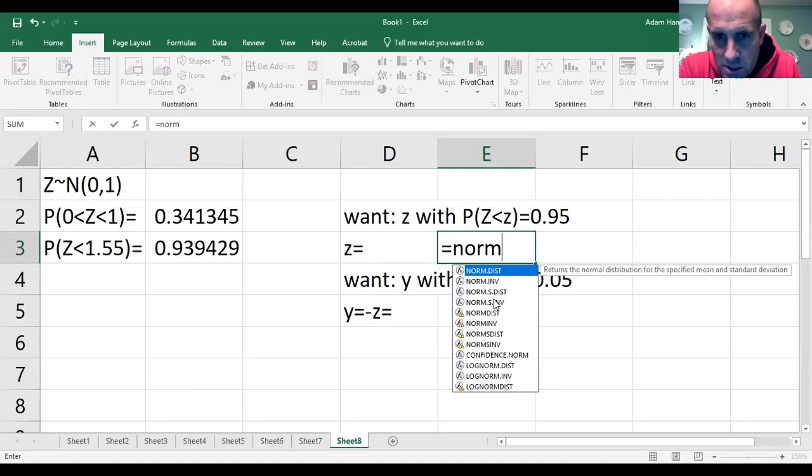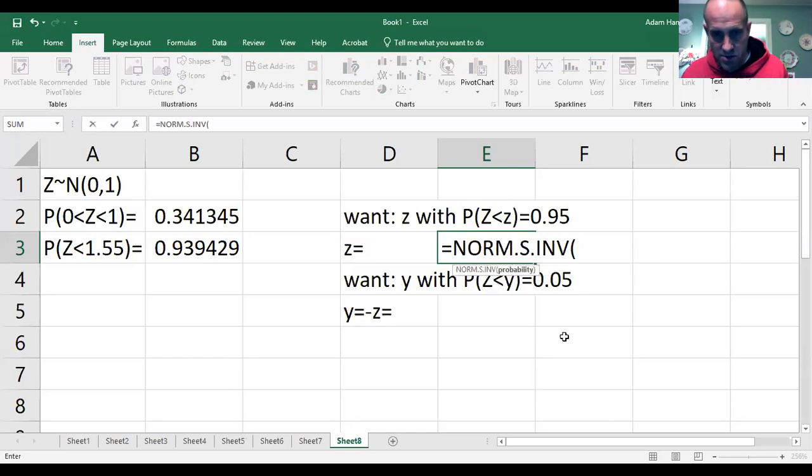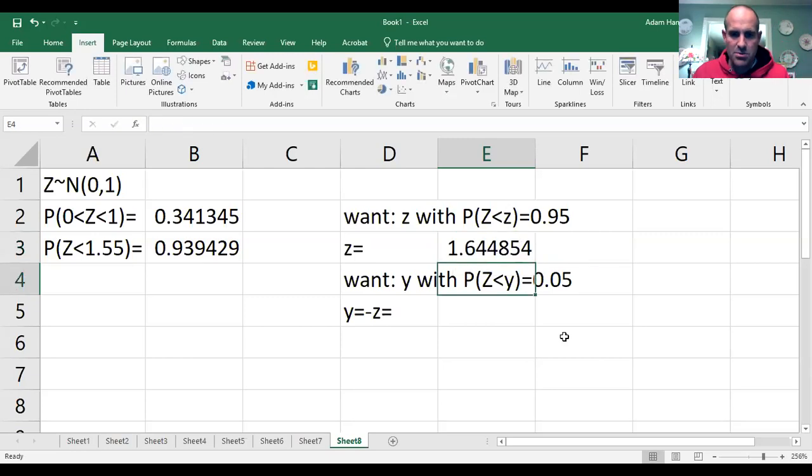I want the number that gives me that probability. So that's what this function inv is. It's like the inverse. Normal, standard, inverse, and it asks me for the probability to the left of this, and in this case, that's 0.95. We get 1.645, basically exactly what we had before.